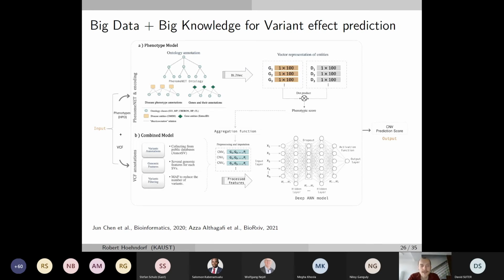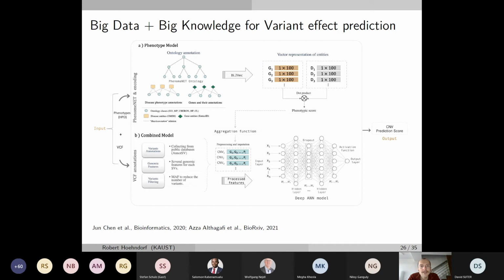So these features are embedded in a space where they can simply be concatenated with these phenotypic representations that we have generated using the first model. And then in this space, we have a representation both of a genomic variant together with the background knowledge about the variant and about the patient. And we can use this in a model in order to predict copy number variants which may cause a disease.